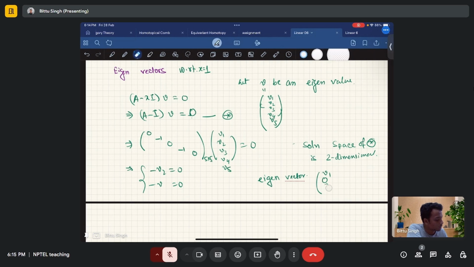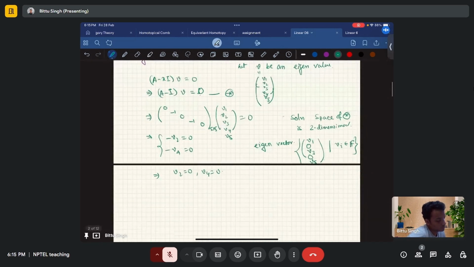So v1, then v2, then v3. v3 can be anything, v4 will be 0, and v5 can be anything. So those are actually the eigenvectors, where vi can be any real number or any element from the given field.